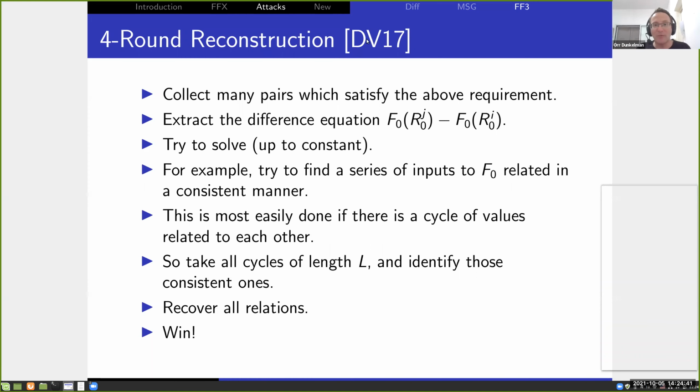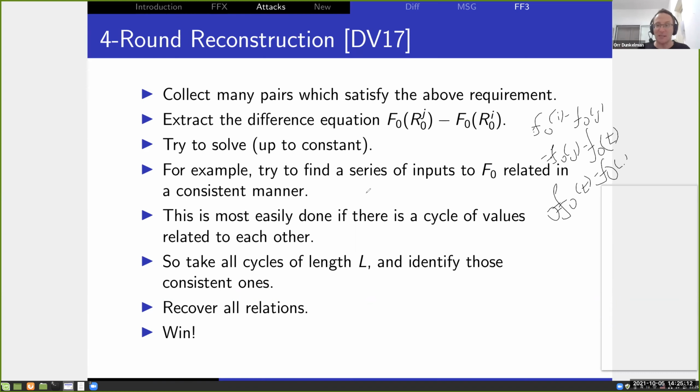For example, I'm trying to find sets of inputs: F0 of input I minus F0 of input J, I know the value. Then I get another equation of the form F0 of J minus F0 of some T is equal to something, and then I get F0 of T minus F0 of I is equal to something.